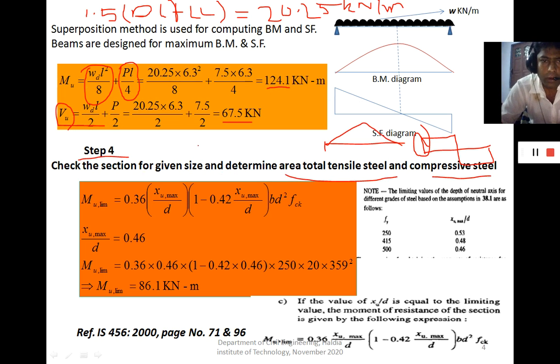Although the section sizes are given, we must check the mathematical condition, which is Mu greater than Mu limiting. In that case only we use a doubly reinforced section, otherwise the section is singly reinforced if Mu is less than Mu limiting. So we have to check what type of section it is, whether singly reinforced or doubly reinforced.